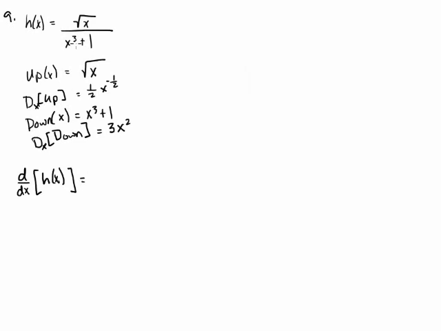The derivative of two functions divided by one another, where the numerator is the up function and the denominator is the down function, is equal to down d up minus up d down, divided by down squared.